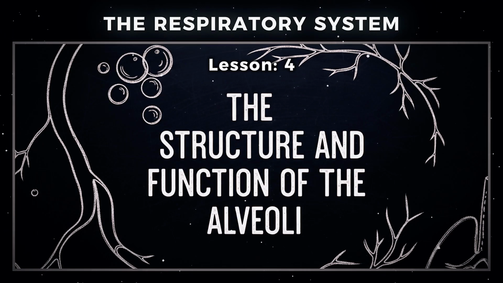Historically, our understanding of surfactant is a relatively recent chapter in medical history. In the mid-20th century, doctors struggled to understand why some premature infants, despite having seemingly healthy lungs, would die of respiratory distress shortly after birth. It was eventually discovered that the type 2 cells don't begin producing surfactant until very late in pregnancy.